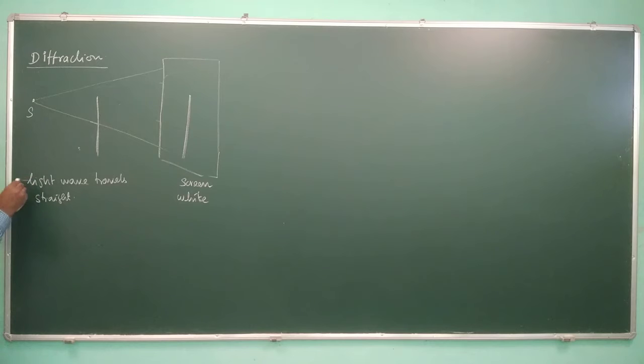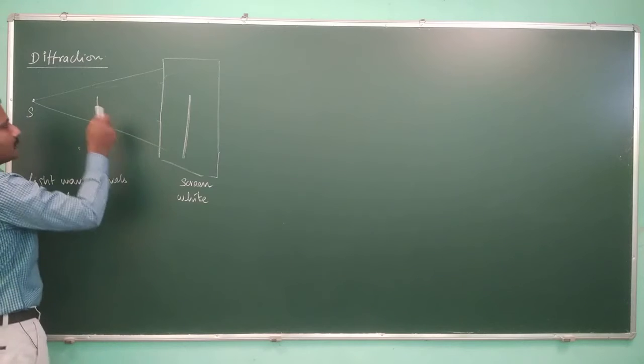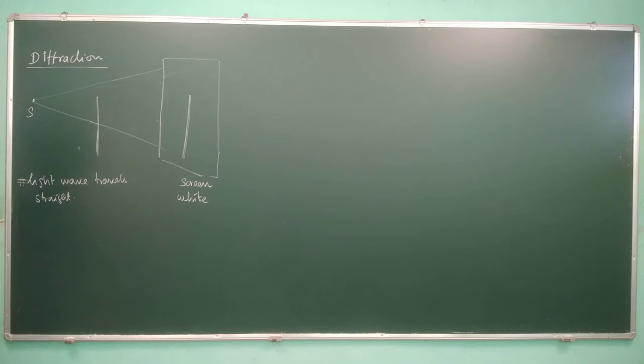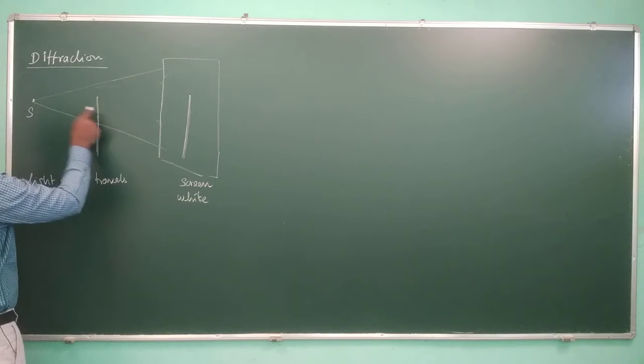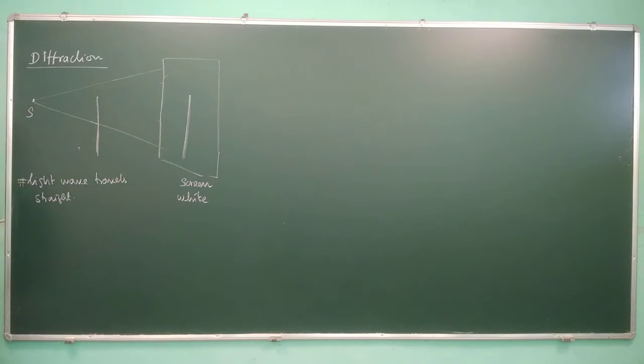What does it mean? It means that light bends at the boundaries of the stick. So it travels straight, and at the edges it bends, and again it travels to hit the screen.